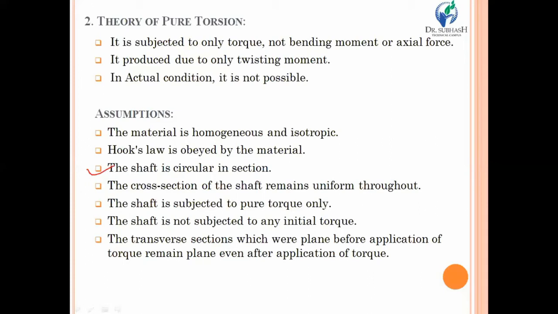So while deriving the torque equation, what you selected is a shaft that is circular throughout its cross section. Fourth, the cross section you have selected will remain its unique cross section throughout the procedure. That means before and after application of torque or twisting moment, your section will not change anyhow. So the cross section of the shaft remains the same.